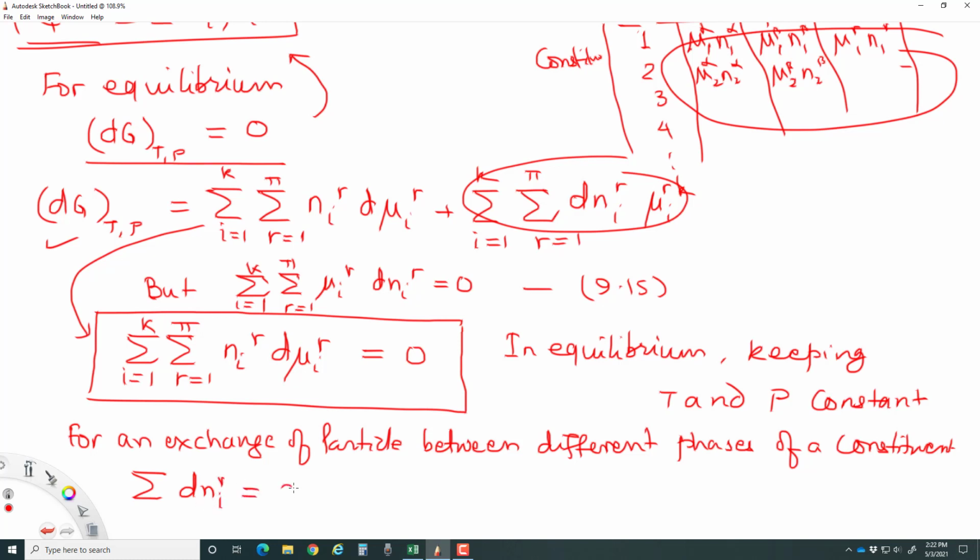This is for this particular constituent, this ith constituent, just like we saw before, that this dn_A plus dn_B, the change in A and change in B, the total change would be 0.